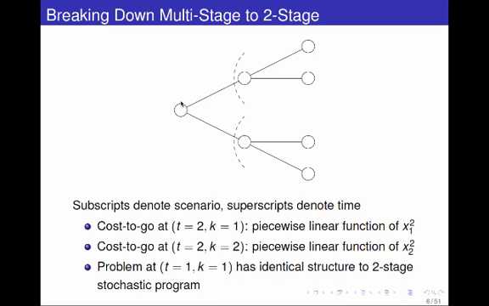The cost here is C in time period 2 transpose x of 2 plus the cost to go from here down the line, so V3 of x2. And this is for scenario 1.